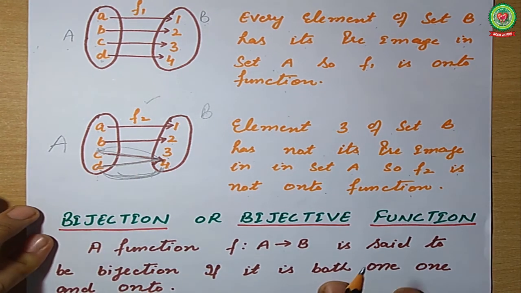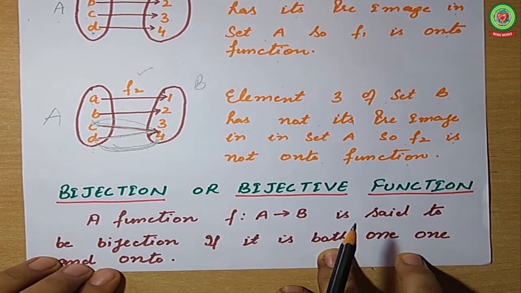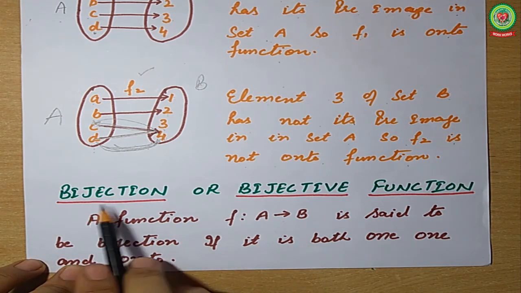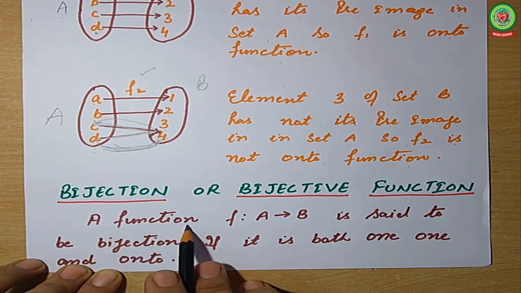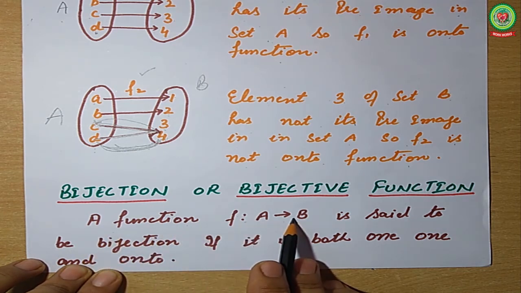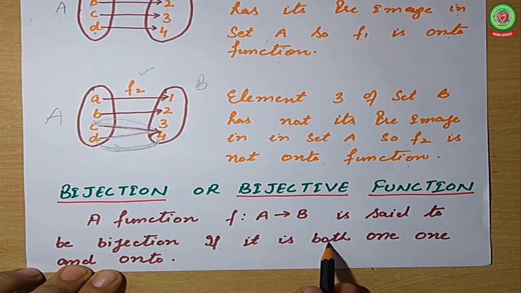So now another function is the bijection or bijective function. A function from set A to set B is said to be a bijection if it is both one-one and onto.